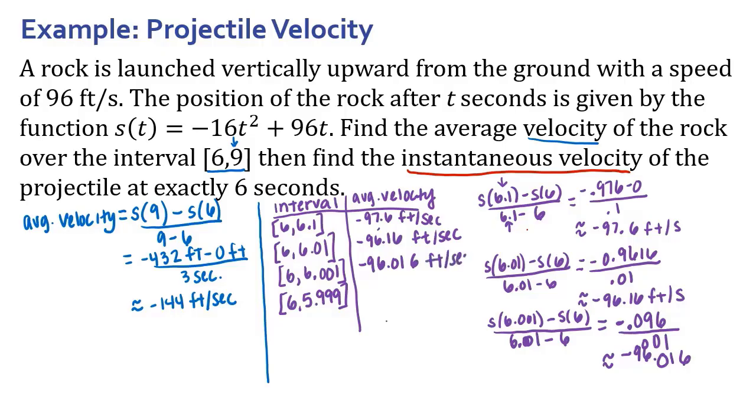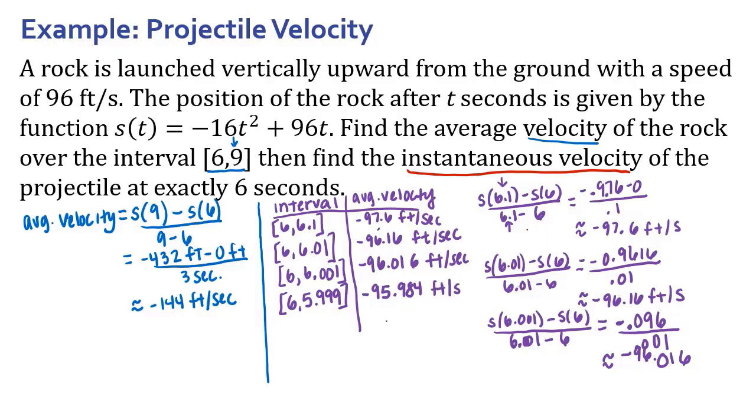And then if we go through and do the same thing for 5.99, so now we're approaching this value from values that are lower than it. I'm going to let you kind of do that one by yourself, but you'll end up getting negative 95.984 feet per second. So what do you notice here?